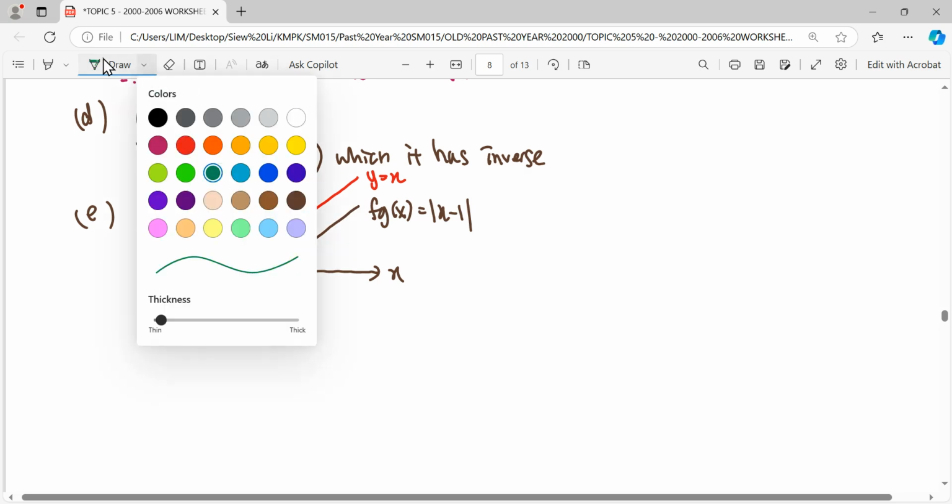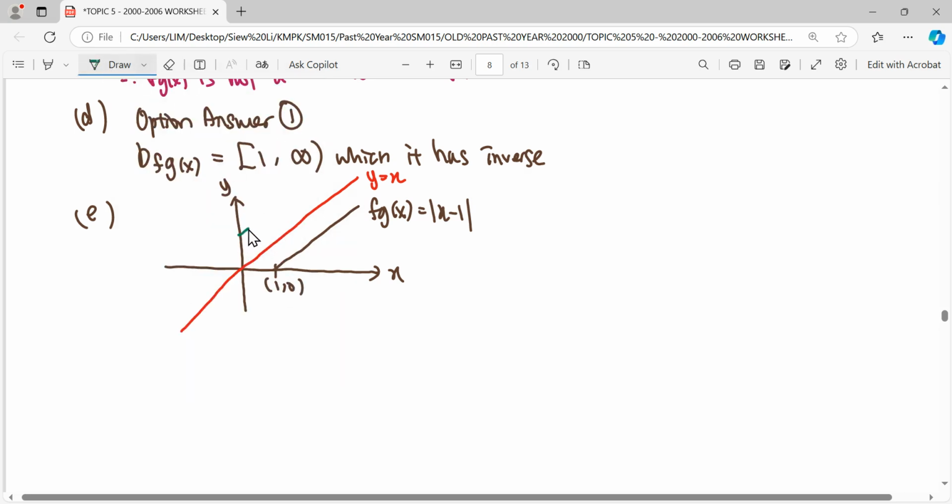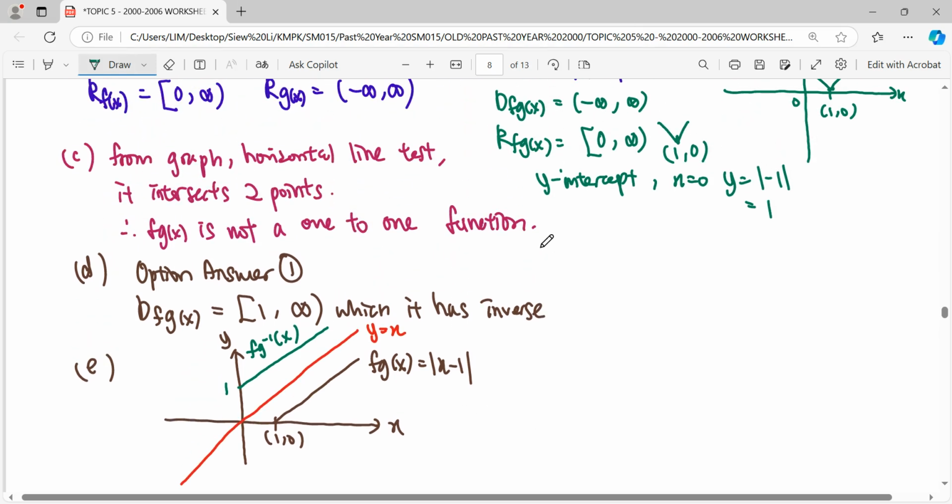Then only we inverse it. When we inverse it, the graph also comes up parallel for this fg inverse. So this is how we answer for the first option if you're choosing the right part from the modulus.